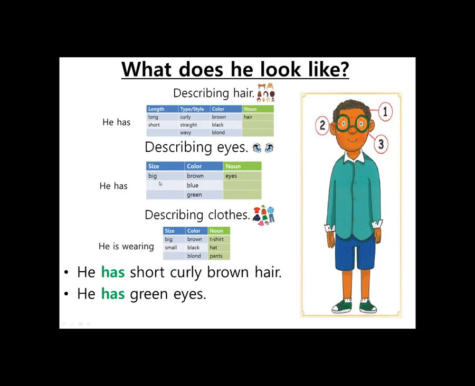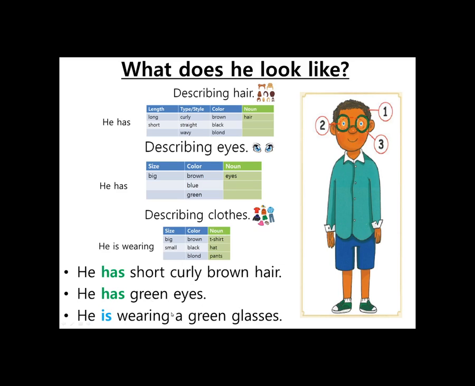They're not big, so we just won't say that. And clothes. Number three are these. What are these? What's the name? Yeah, glasses. Okay, so he is wearing a green glasses. He is wearing green glasses.